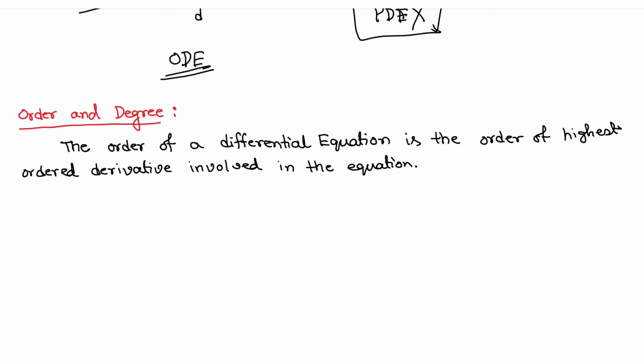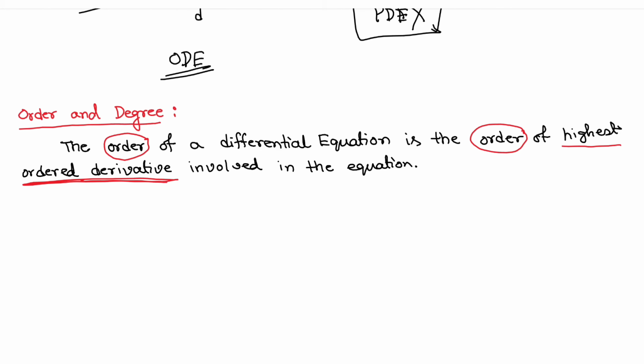Suppose you are given an equation and you have to find out the order. So the definition is, first of all you have to find out the highest order derivative, and then the order of that highest order derivative.